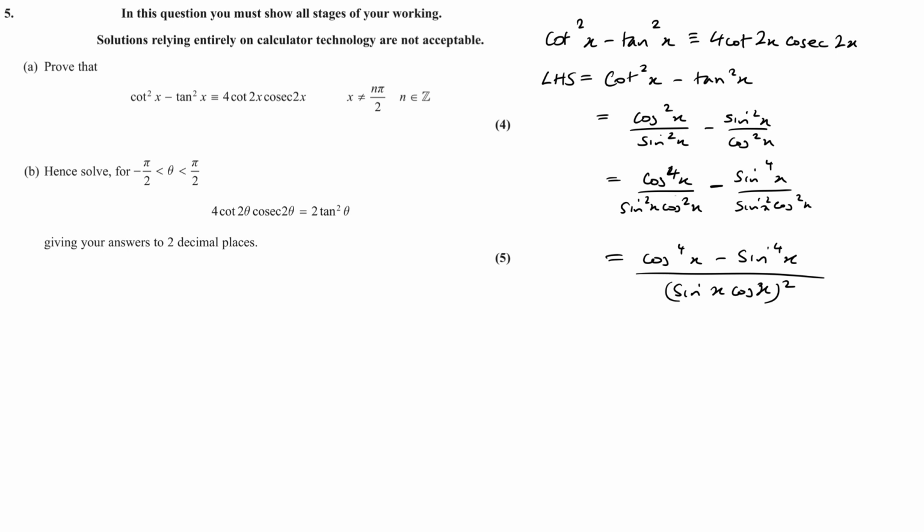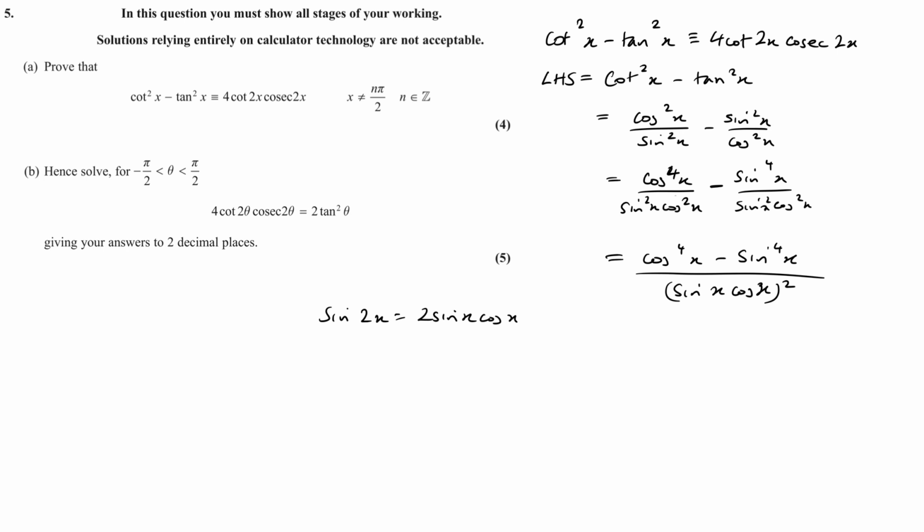So that's a nice start. Now, this sine cos is hopefully what's going to get me to my 2x, because I know that sine 2x is 2 sine x cos x.